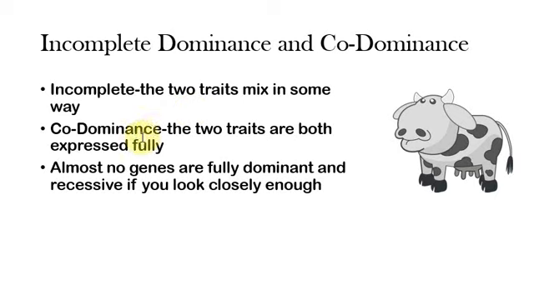The other form is codominance, like I mentioned, and this is when the two traits are both expressed fully. There's no mixing, but neither one is being subdued. One good example of this is cows, and they have a couple different forms, but one is black and white spots or brown and white spots. It looks a little bit different with different breeds of cows, but like large spots and patches of color.